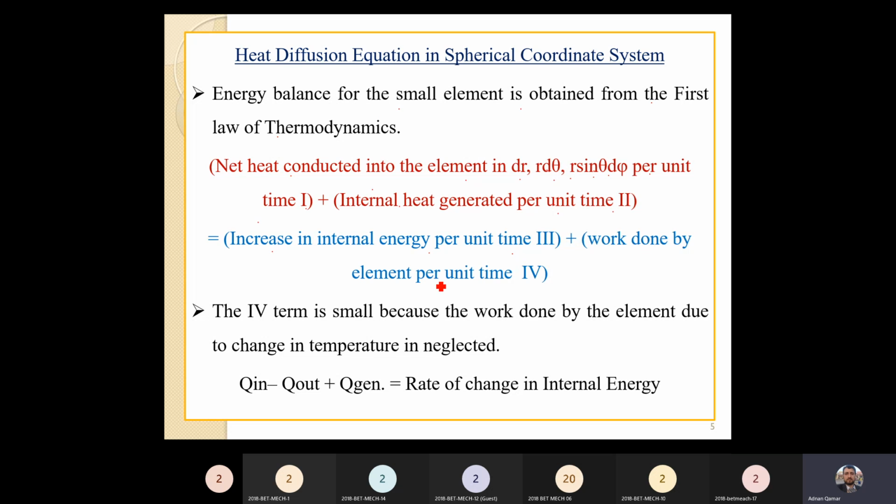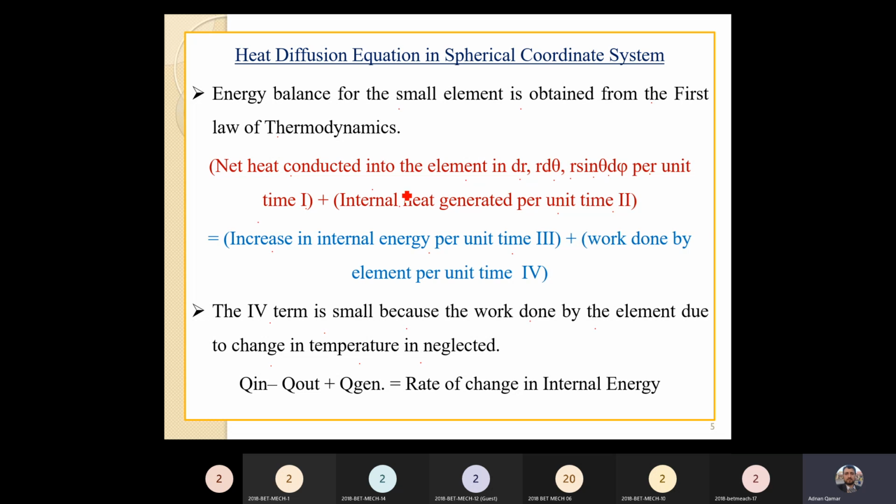and plus work done by the element per unit time. This is component 4. The fourth term is neglected because the work done by the element due to the change in temperature is negligible. We know that when there is a change in temperature, there is a very minute change in the volume of the system, so almost the work done is zero.